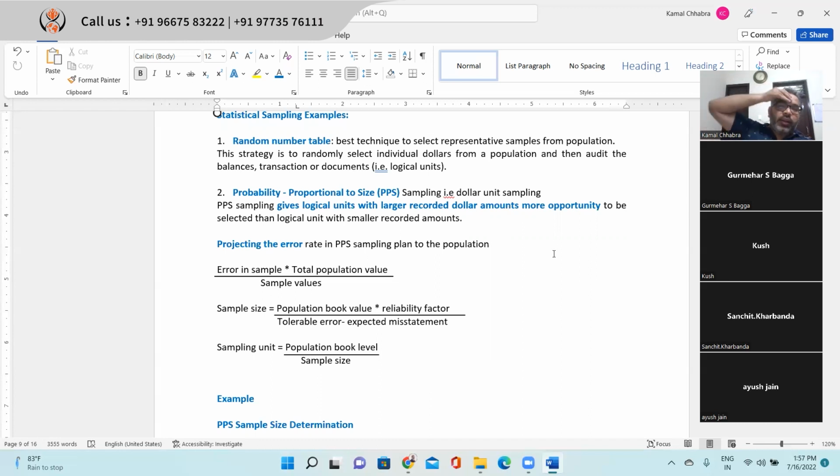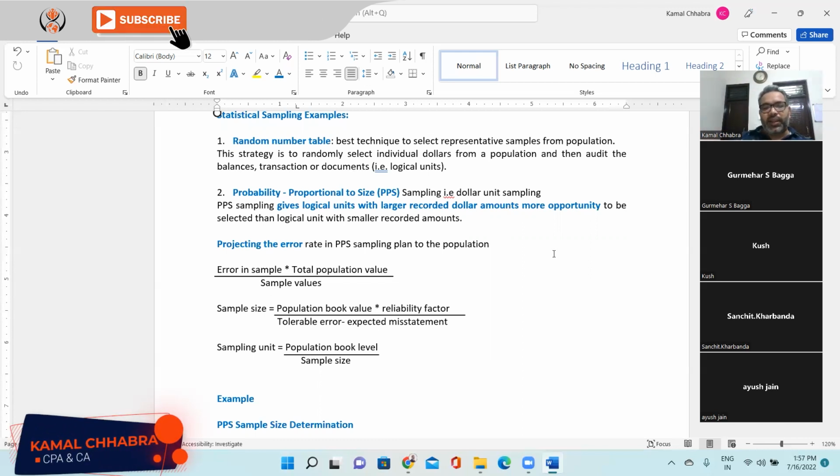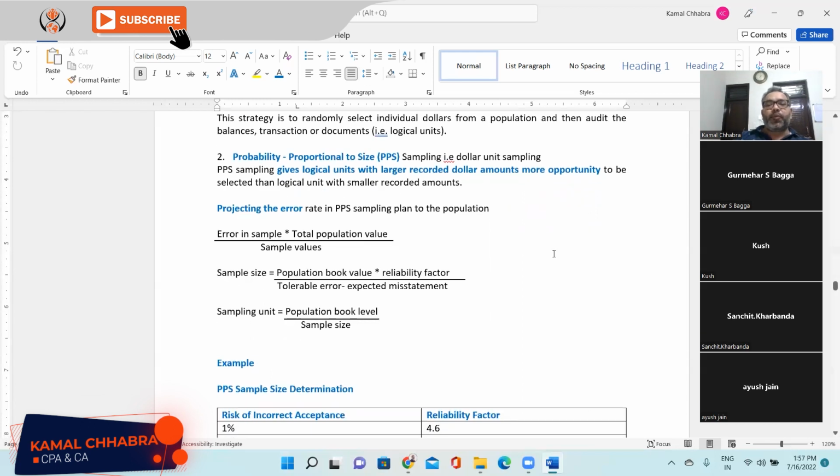After sending the notes to you in the morning, I added an example here, so maybe I'll send you the notes again. Probability proportionate to size is a sampling technique to test the dollar value, and it's majorly focused on the high value items. PPS sampling gives a logical unit with the larger recorded dollar amount more opportunity to be selected than a logical unit with the smaller recorded amount.